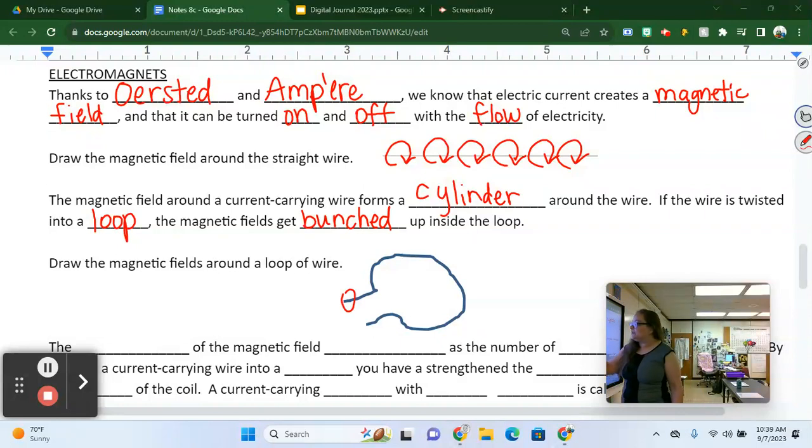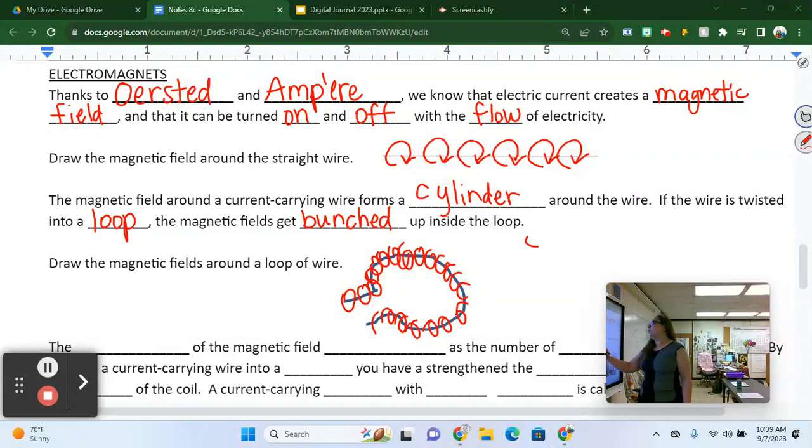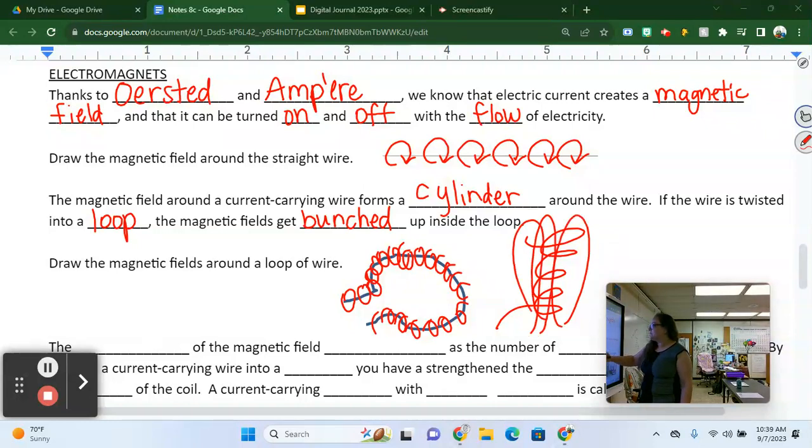So if we have a simple loop here, we've got electricity, these magnetic fields that are all around our loop of wire. If we coil it, just like the image on the other side, we get those big loops.